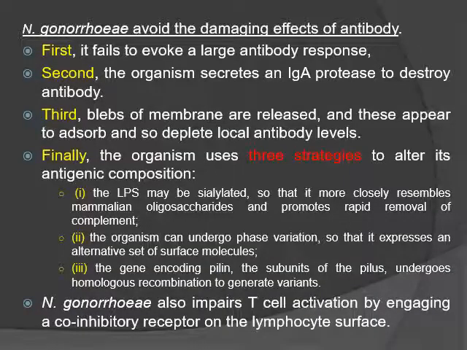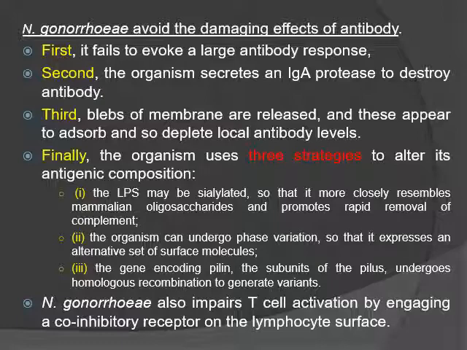If we take Neisseria gonorrhoeae as an example of bacteria that can evade the immune defense mechanism, we can find these points. These bacteria can secrete IgA protease to destroy antibody, and start to produce blebs of membrane that are released.